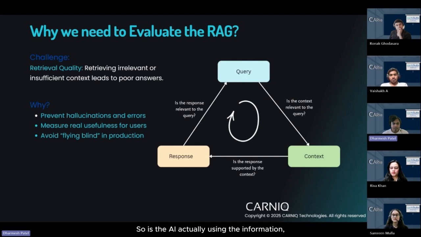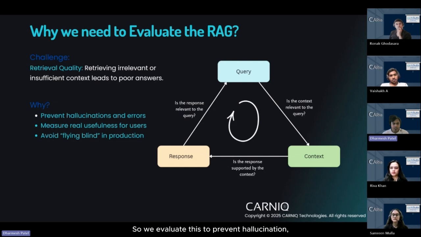Is the AI actually using the information we gave it, or is it making something up on its own? And the third: is the response relevant to the query or not? Does the final answer actually solve the user's problem? By asking these questions, we make sure that our RAG system is working correctly.